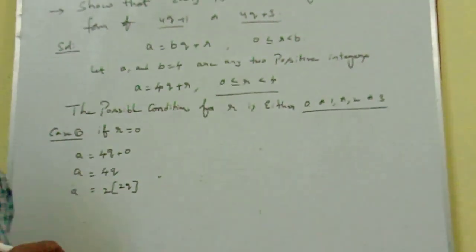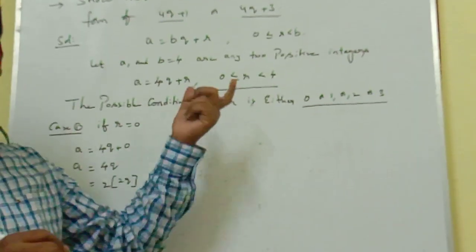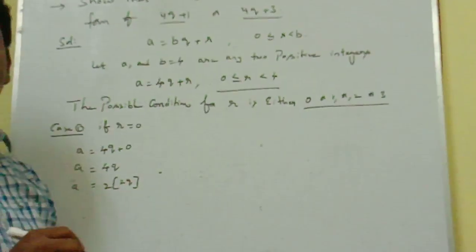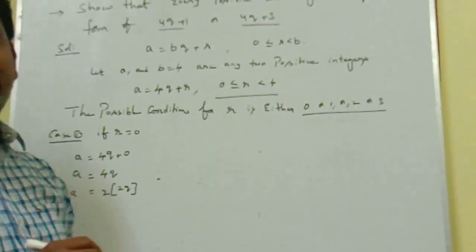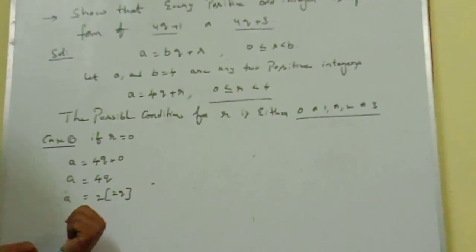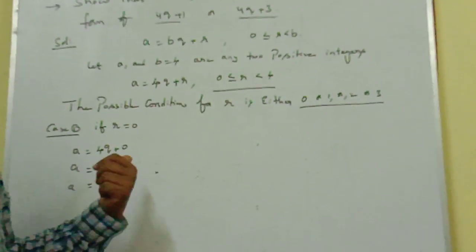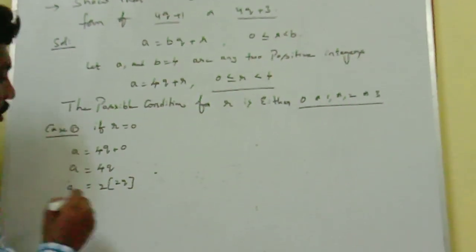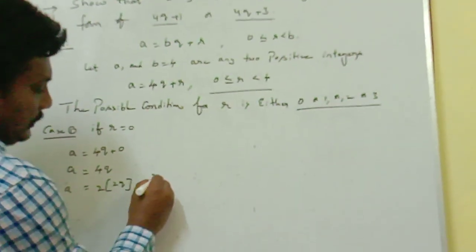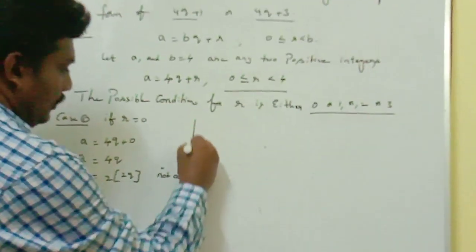We know that every number which is perfectly divisible by 2 is called an even number, and which is not perfectly divisible by 2 is called an odd number. When we take 2 as common, this becomes a multiple of 2. When it is a multiple of 2, it is exactly divisible by 2. That's the reason why this is not odd.